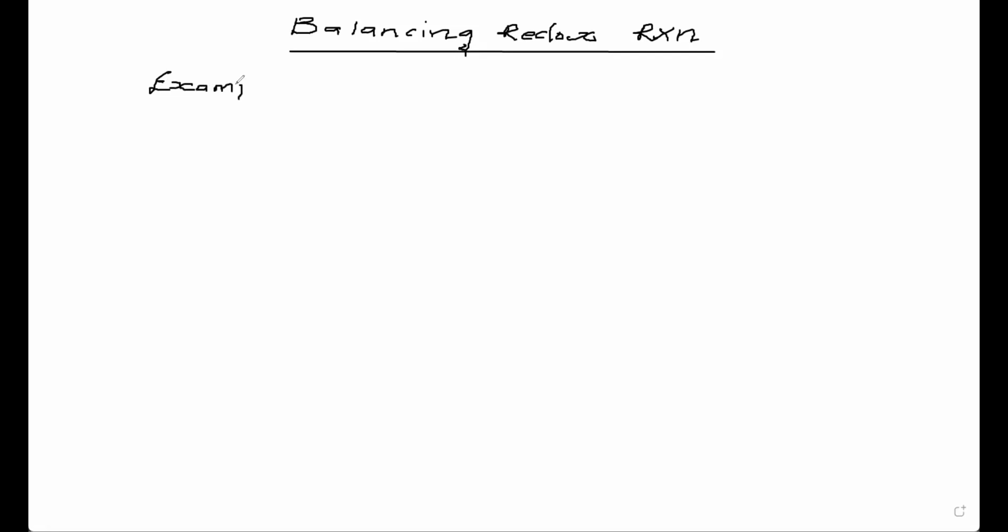So, like I said, we are going to balance the equation which was given in Test 1. So the equation was, not necessarily that handwriting, sorry for that.